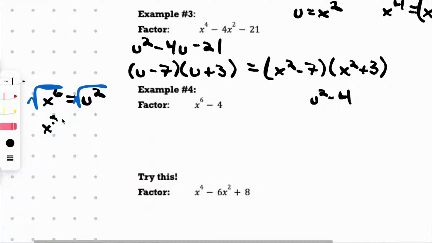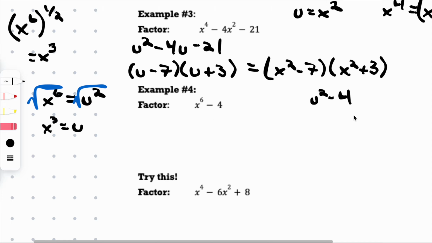So we get x to the 3rd equals u, because essentially a square root is something to the 1/2 power. And you remember, if I were to raise x to the 6th to the 1/2 power, we're multiplying 6 and 1/2. That gives us x to the 3rd. So we get u equals x to the 3rd.